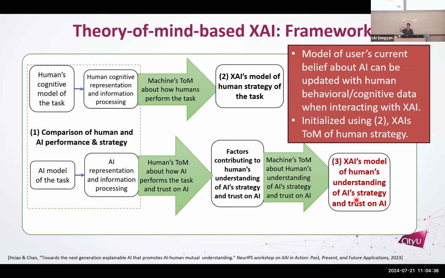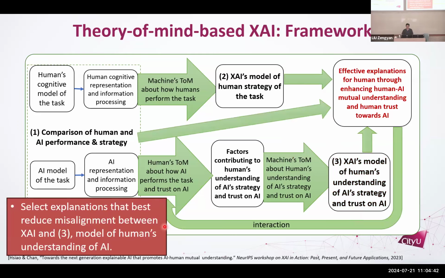And then from that, we can update our XAI model. Finally, we combine these things, and then we can select explanations that reduce the misalignment between the XAI's model of AI and the XAI's model of humans' understanding of AI.